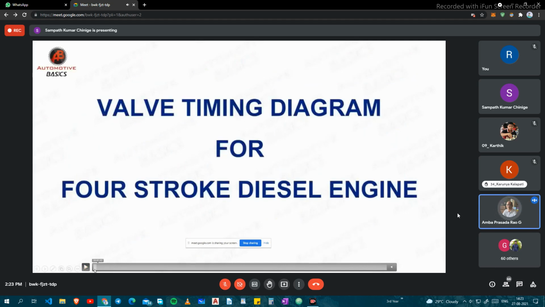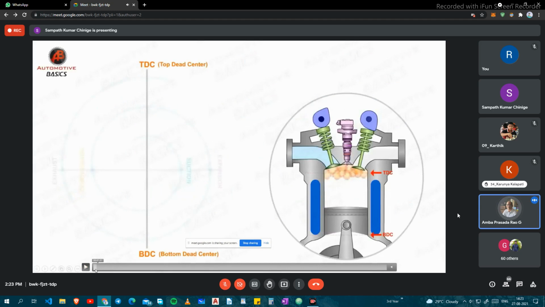That is why the valves are opened a little before or closed a little later. By taking care of this, the 180 degrees I showed for suction may not be 180 degrees, but in excess of 180 degrees. Sometimes it will be compensated by a reduction in the angle covered during the compression stroke. Similarly, the angle covered during the expansion stroke.